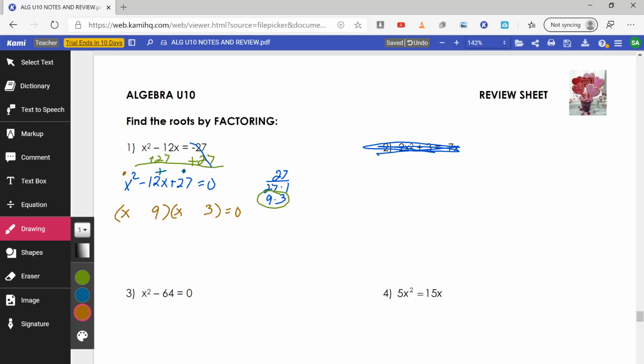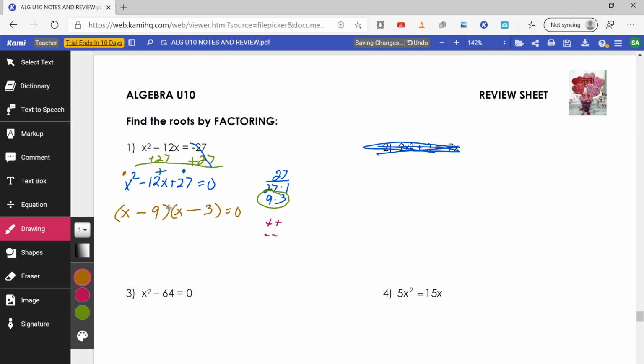So we're multiplying to a positive. And the only way I can get a positive when I multiply is either a positive times a positive or a negative times a negative. So the question becomes, which of these two pairs will I use? 9 plus 3 gives me positive 12. Negative 9 minus 3 gives me negative 12. So it's going to be minus and minus.